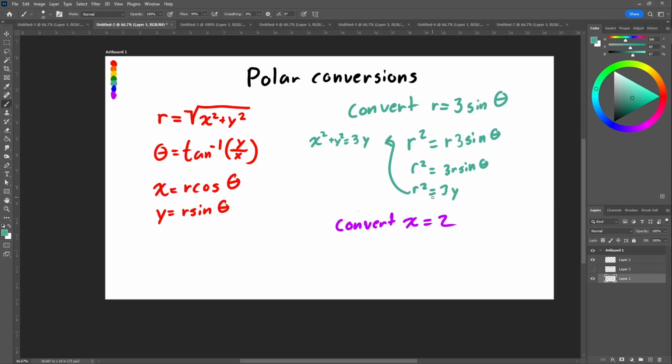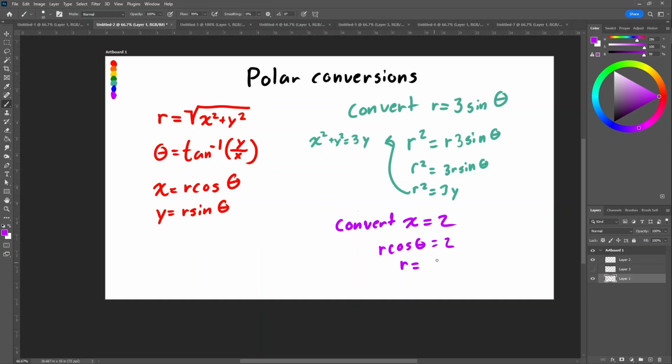Another example when you want to use polar conversions is converting from rectangular form into polar equations. So here we would want to convert x is equal to 2 into polar. This one's pretty straightforward, honestly. We can just take x and set that equal to r cosine theta. So r cosine theta is equal to 2, and you're basically done.